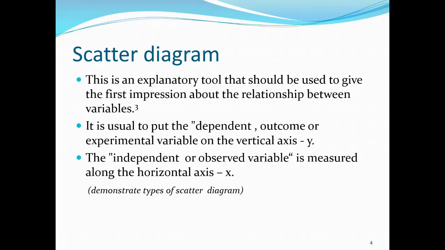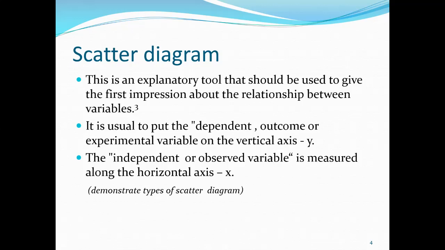So like I said, dependent variable means its value depends, has a bearing on the value of another variable. This is usually also known as the outcome variable because its value is as a result of something else, is an outcome of a process.